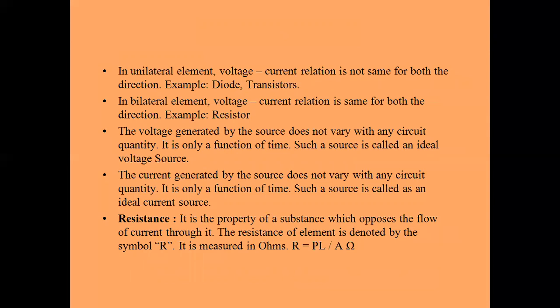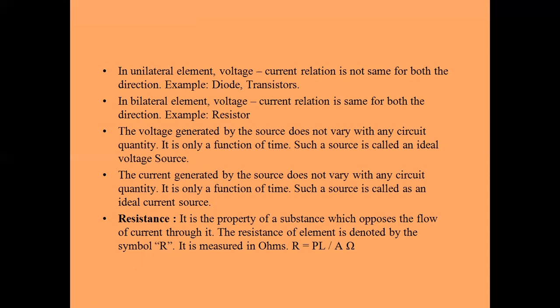Next, the bilateral element: here the voltage and current relationship is the same for both directions. Irrespective of the direction, its behavior is the same. The relationship between current and voltage is the same irrespective of the direction of flow. An example is a resistor. A resistor is a bilateral element.